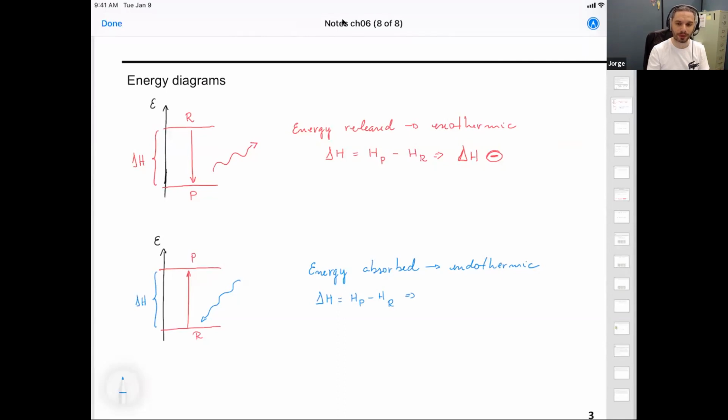However, different from the first case, now in the second case, when energy is absorbed, we are going to have energy of the products higher than the energy of the reagents, which will result in a delta H that is positive.